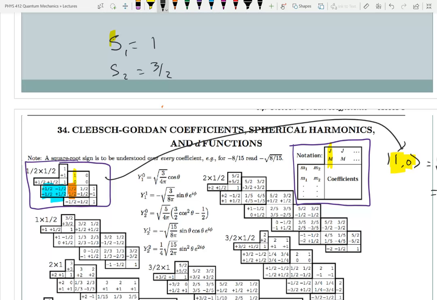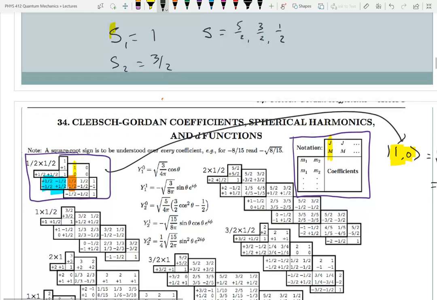Well, let's go from here. What possible values for S total can I have? Okay, so I can have those 3. I'm going to go ahead and just select one of them. I'll select this one. What values can M sub S have?